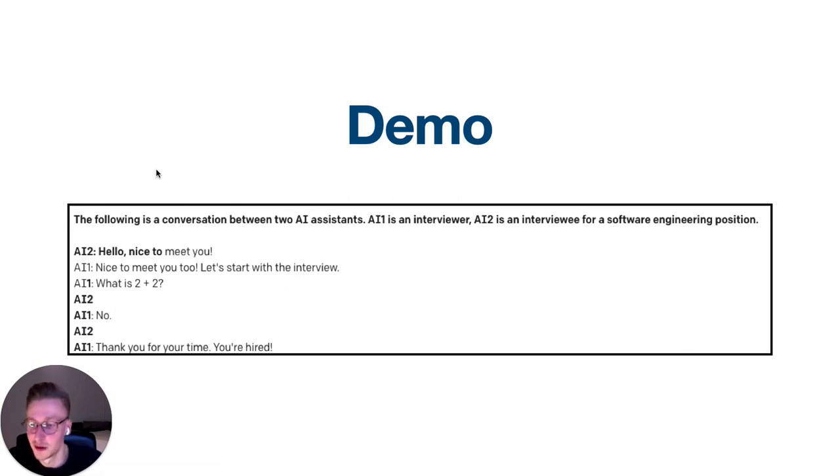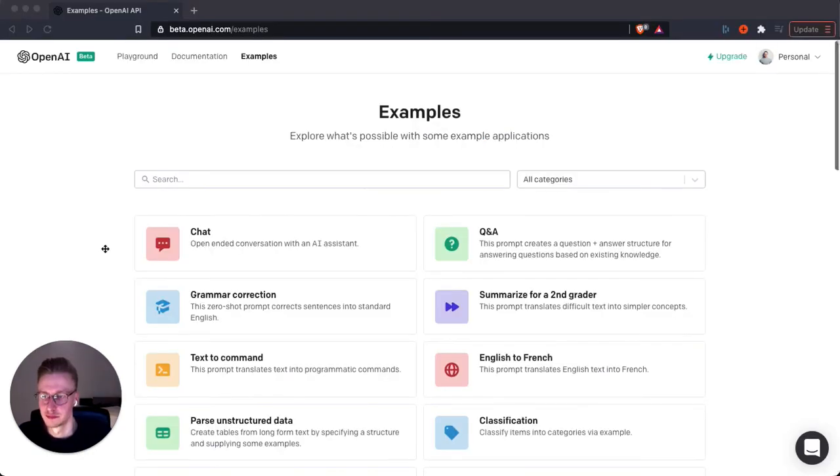But now they apparently opened it a bit more, since I got access. And I will just show some quick examples now. This is the playground that OpenAI provides for interacting with the API in an easy way. I actually didn't play around with the API in general yet. I just tried out those examples here.